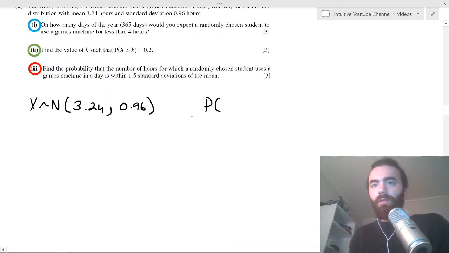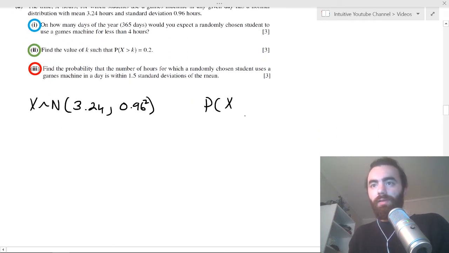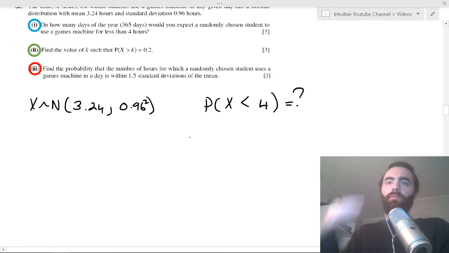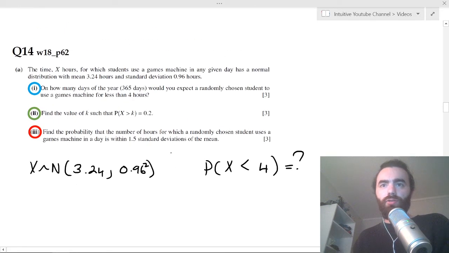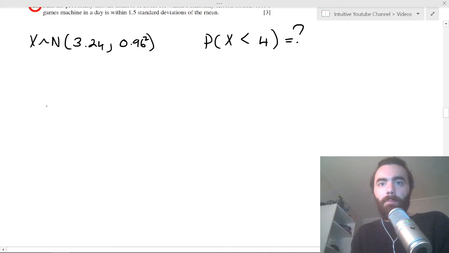Well, we need to find the probability that x is less than 4. If we find that, then we can find the expected number of days in a year that people use this machine for less than 4 hours. So let's draw out the situation.